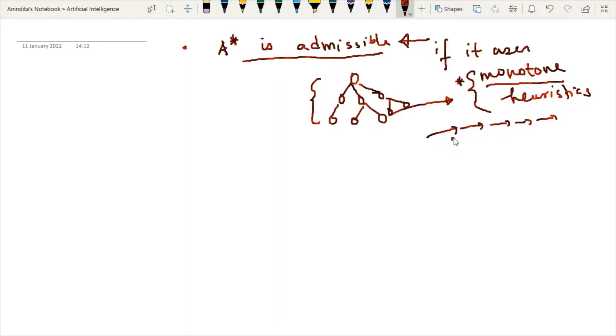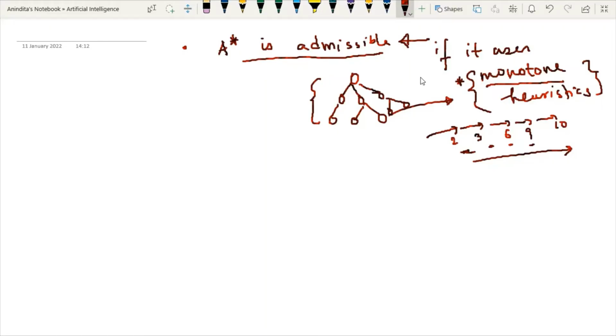If we have the values 2, then 3, then 6, then 9, then 10, it means whatever we are estimating here is increasing in nature. So it is monotonic in nature. This is the concept of monotonicity. Now, this property does not hold for some heuristic functions, so whatever cost we are estimating, we have to make this cost monotonically increasing.